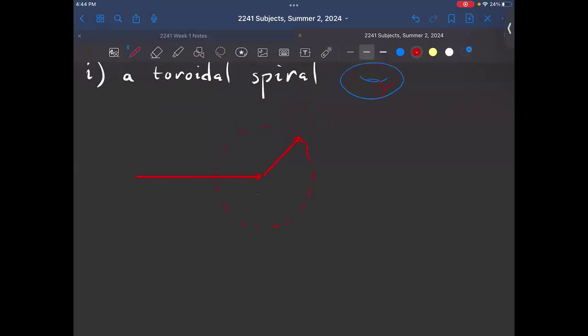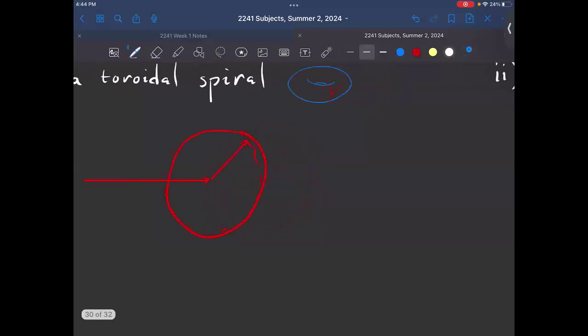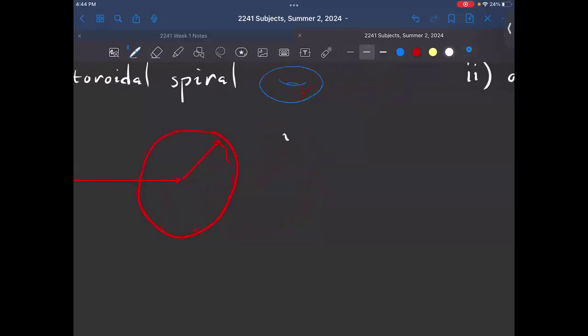So the coordinates of this circle in a plane, let's say this is the YZ plane, because our torus kind of looks like that. It's oriented like that in standard form. So we've got x of t, y of t, z of t, and I'll pretend x is 0 for a second.